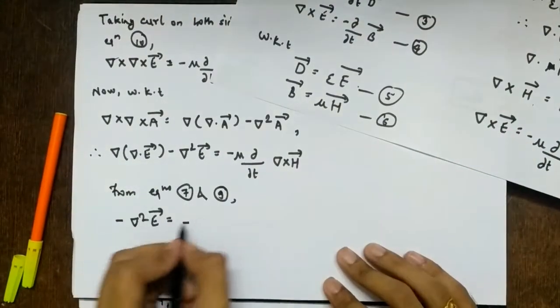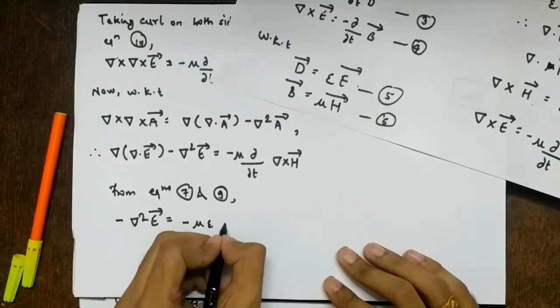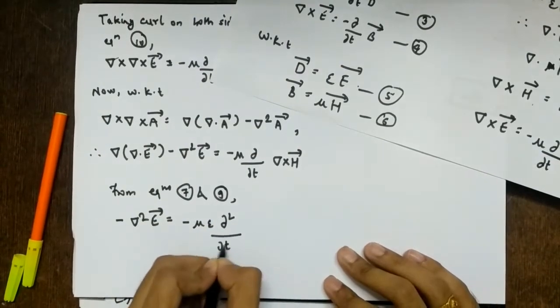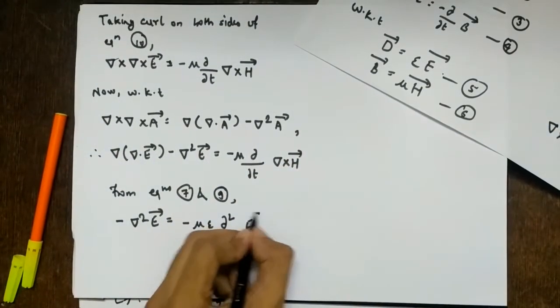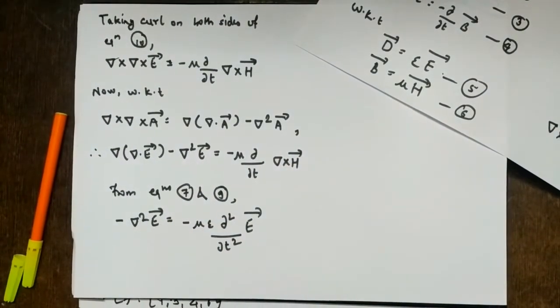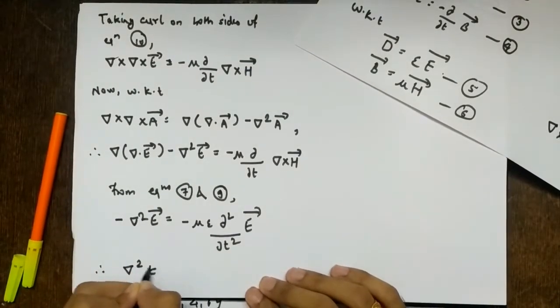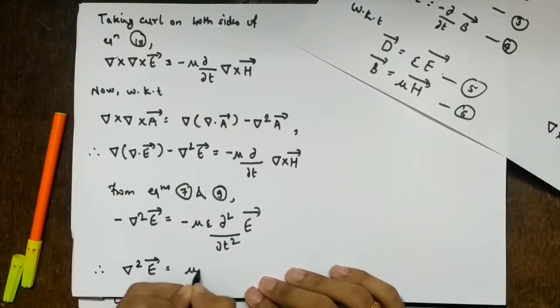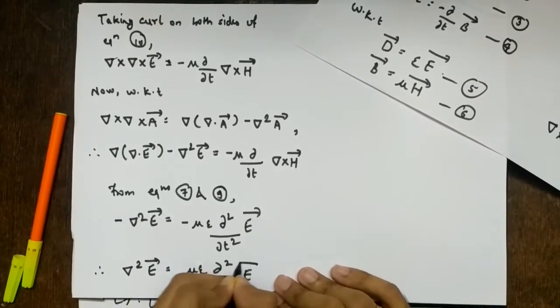Epsilon and dou by dou t are again scalars, so I can club them together: equal to minus mu epsilon, dou by dou t two times is coming, so dou square by dou t square E vector. If I cancel the negative sign, del square E vector equal to mu epsilon dou square by dou t square E vector.